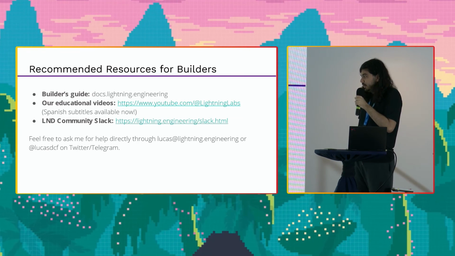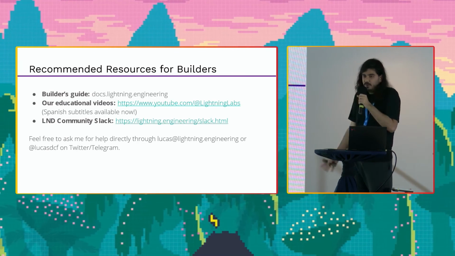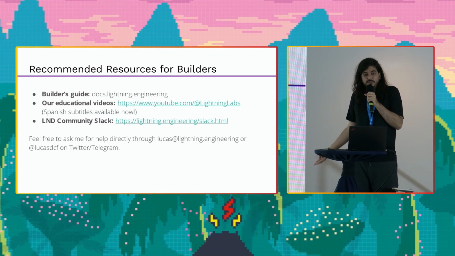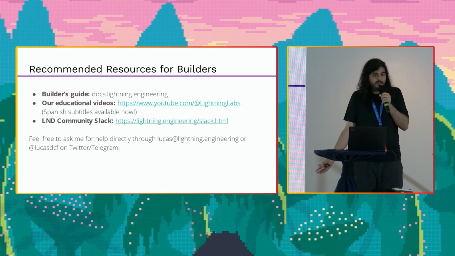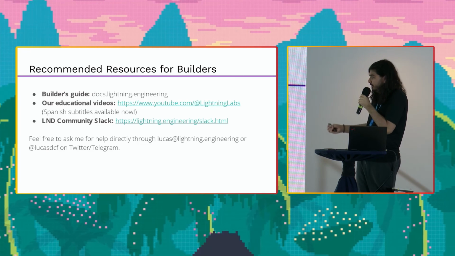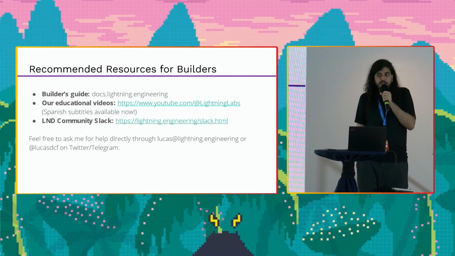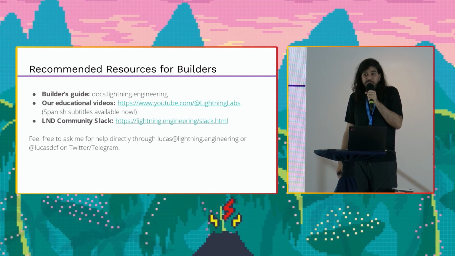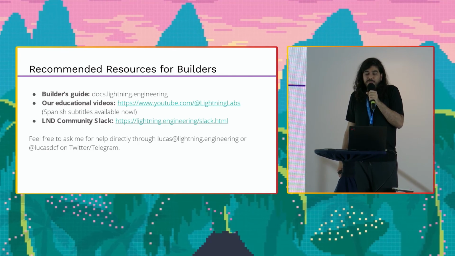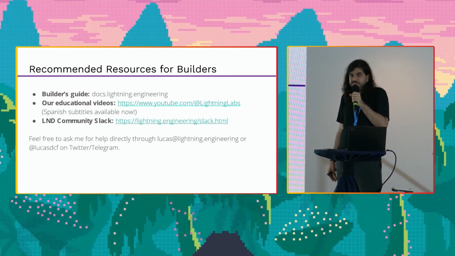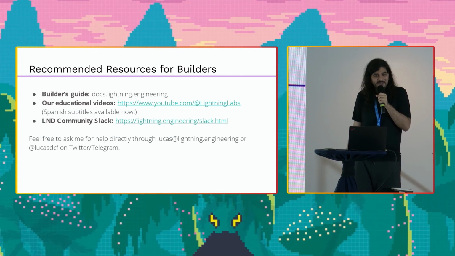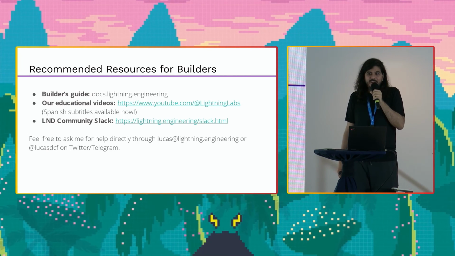If you want to ask me anything or ask for help directly, that's my job. So you can send an email or DM me on Twitter or Telegram. Me and Ryan are probably in touch with all the companies or projects that are building on Lightning.